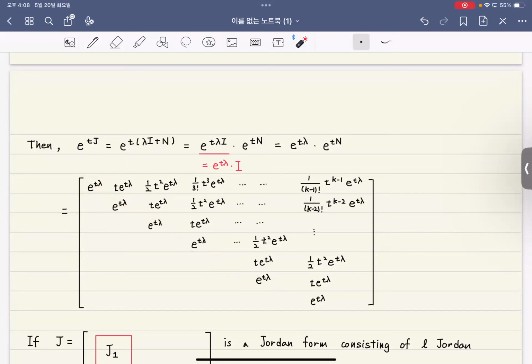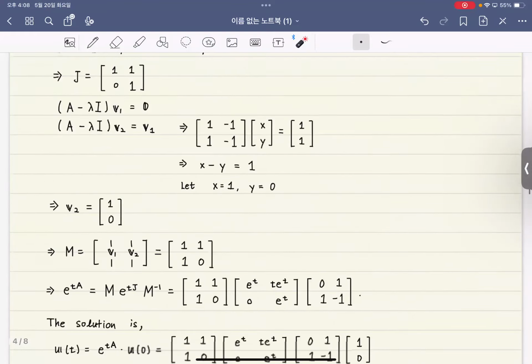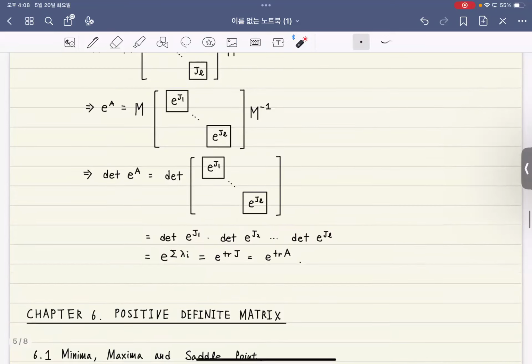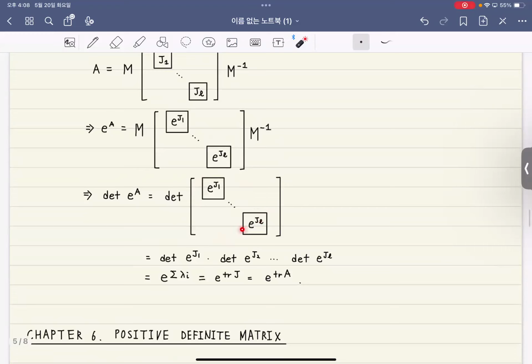If you take the product of these, that is going to be the exponential of the summation of all its diagonal entries, the sum of all eigenvalues. The same is true for this and for that. So multiplying all together, you will get e to the summation of all eigenvalues of this middle matrix J, taking up the multiplicities.